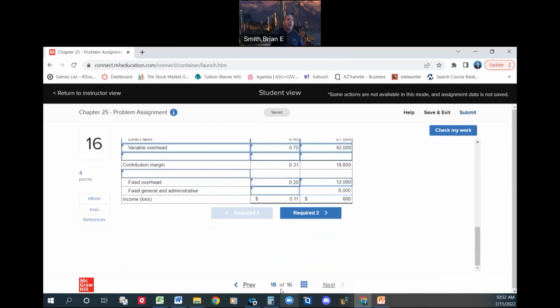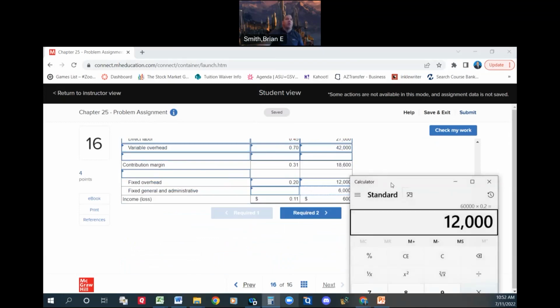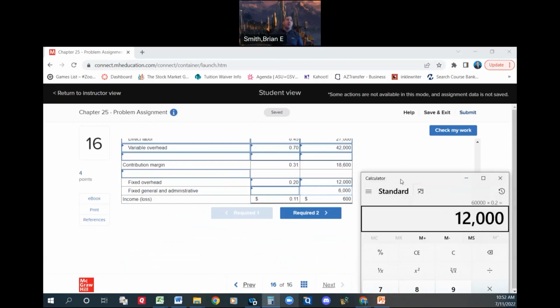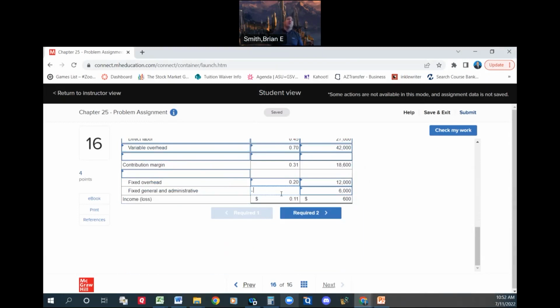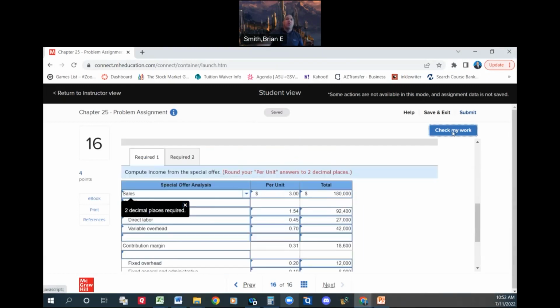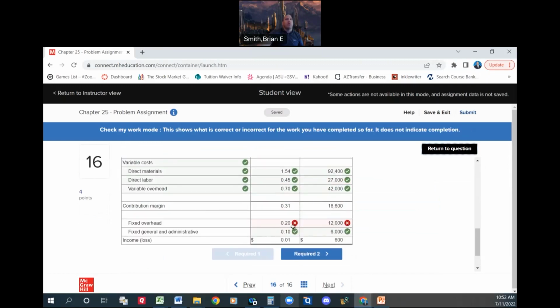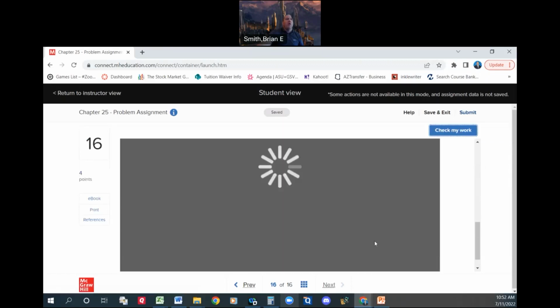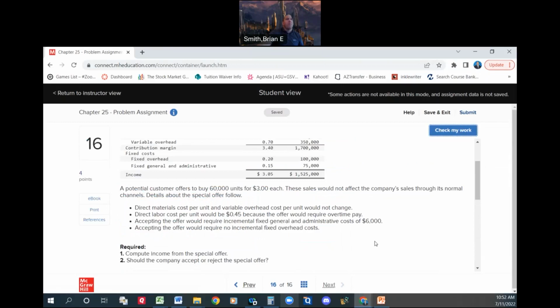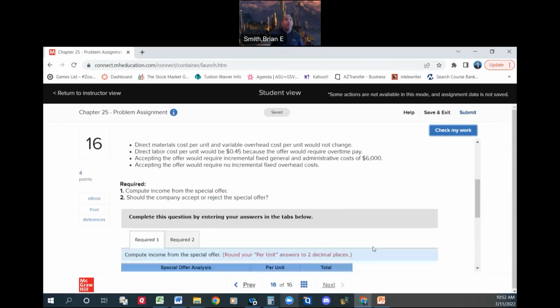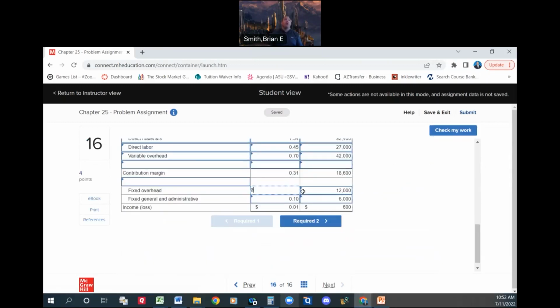Dude, look, 600 bucks. In my opinion, this isn't worth it. But you know, some places will do it just to make the relationship. 600,000 divided by 60,000 units, so it's going to be 1.1. I mean, we're making peanuts on this, if my numbers are correct. Oh, what did I do wrong here? Fixed overhead? Oh, I'm sorry. Yeah, fixed overhead will be zero because we're not incurring any extra costs.